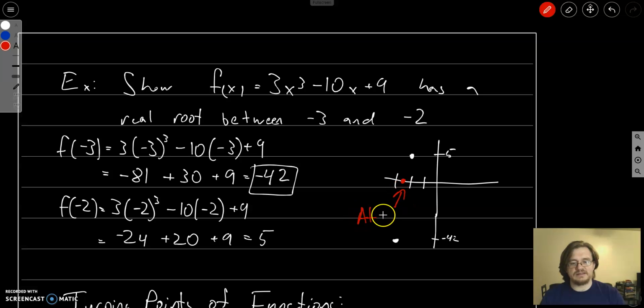So this is all the intermediate value theorem tells us, is that there's at least one. It could be that there's a bunch of them. And we know this because we have to cross the x-axis somewhere. And if we're going from negative 42 up to positive 5, it's got to be in between those values. It's got to be in between negative 3 and negative 2.